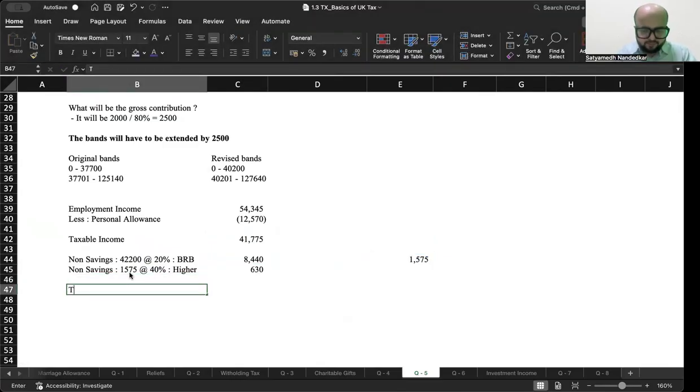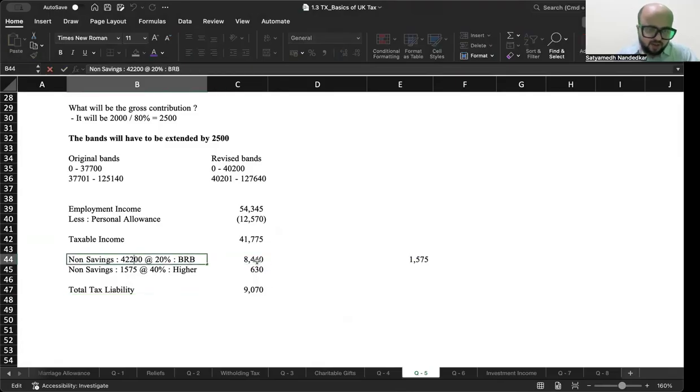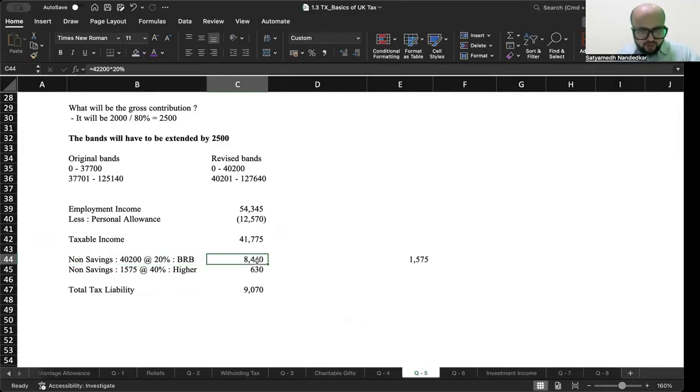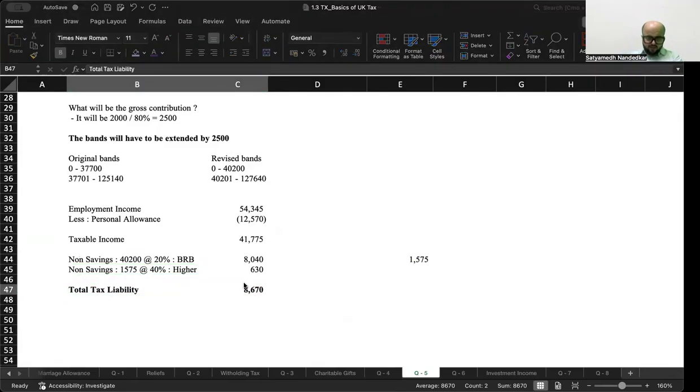630. Total tax liability 9070. 42,200. Sorry, my mistake. It is 40,200, and that is 8040, and this is the total tax liability, which is 8,670.